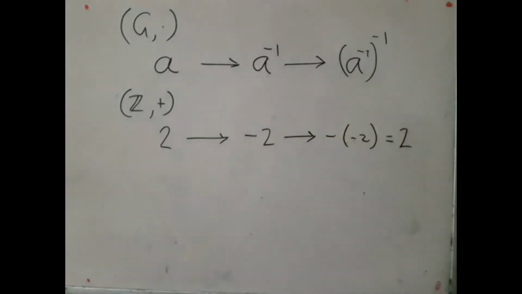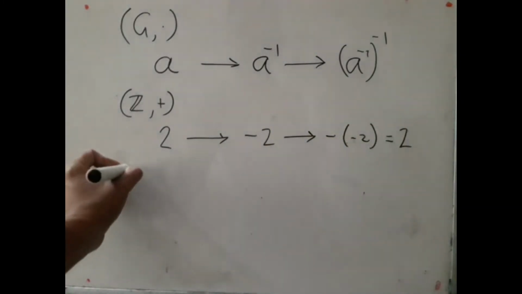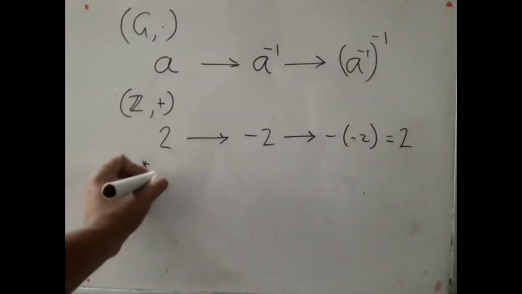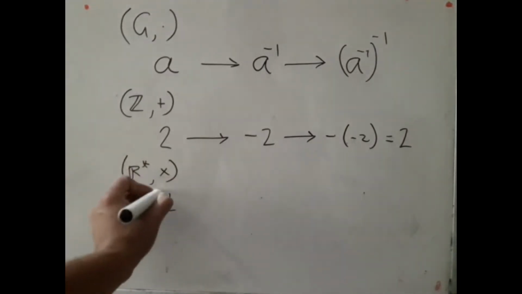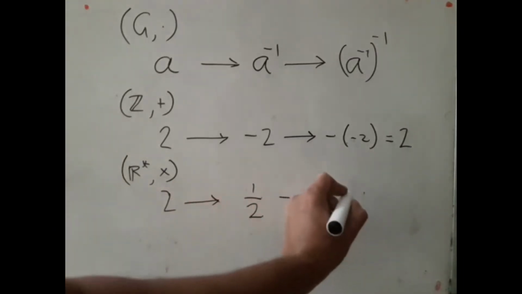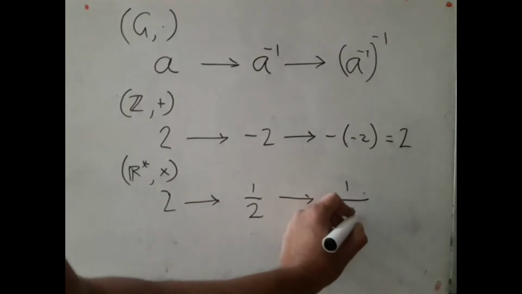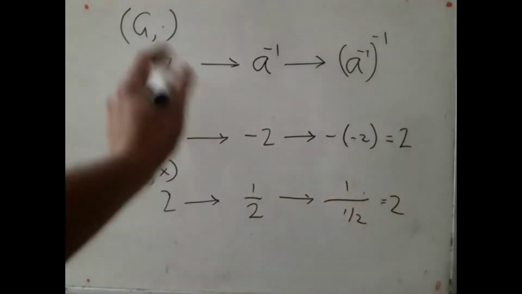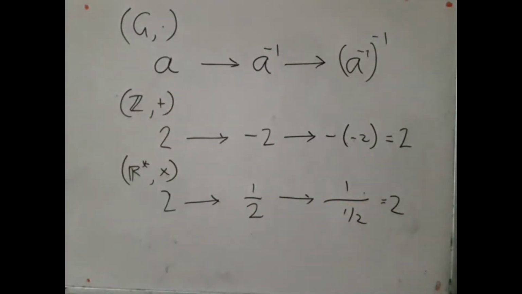Similarly, if you are working with multiplication, say R star and multiplication, you start with 2, its inverse under multiplication is half, and this is 1 by half, and that is 2 again. So it's quite natural to guess that A inverse inverse should be A itself. Is that always true? Well, yes, it is always true. And here is the proof.